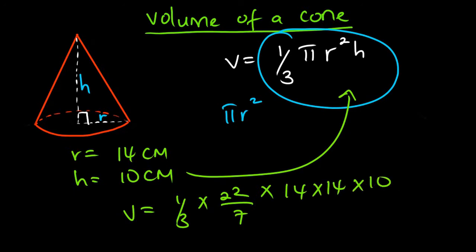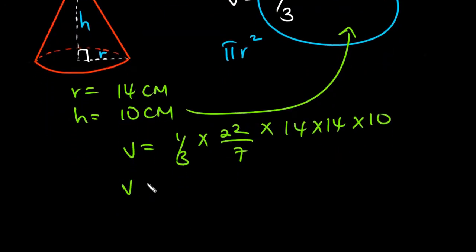Alright, so we can simplify this, by 7 (1) and by 7 (2). Then we can multiply the numerator: 22 times 2 is 44, and 44 times 14 is 616, and then times 10, so on the numerator we're going to have 6,160.